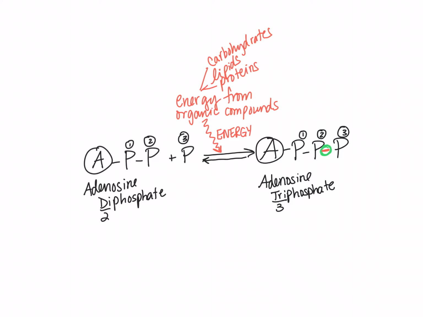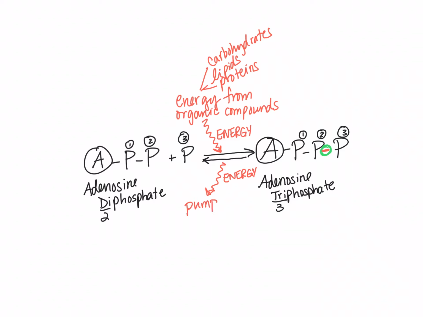Now, in the opposite reaction, where ATP gets broken down into ADP and an extra phosphate, that energy can then be released. And that released energy can go to something like a pump.